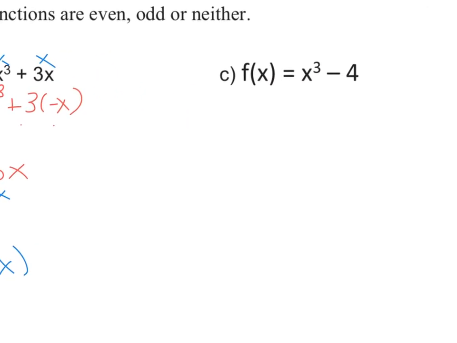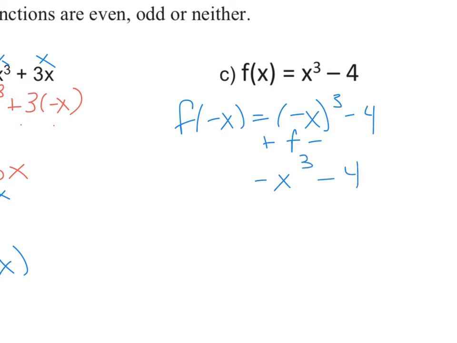For the last one, I'm going to do the same thing. Plug in negative x wherever I see an x. This negative, negative, negative again just ultimately becomes negative minus 4. Now this one changed, but this one stayed the same. So because I have this mix of signs, it's neither even nor odd.